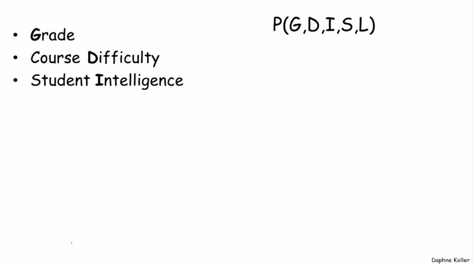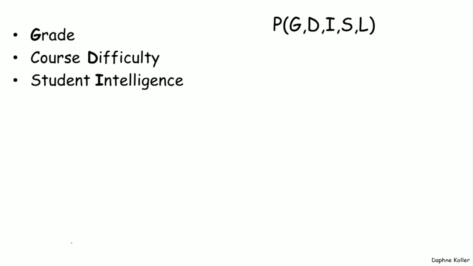This is what we call the student example. In the student example, we have a student who's taking a class for a grade, and we're going to use the first letter of the word to denote the name of the random variable, just like we did in previous examples. So here the random variable is G. The grade obviously depends on how difficult the course is, and on the intelligence of the student.